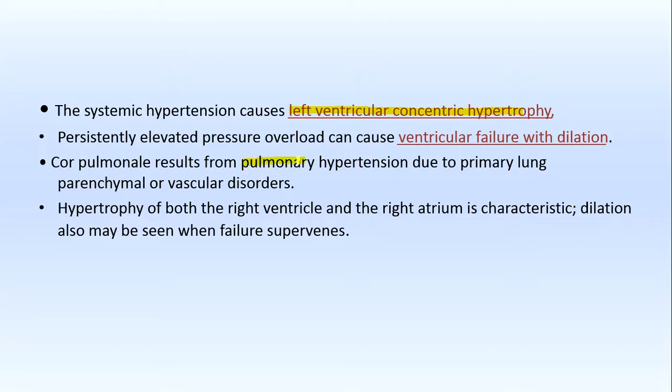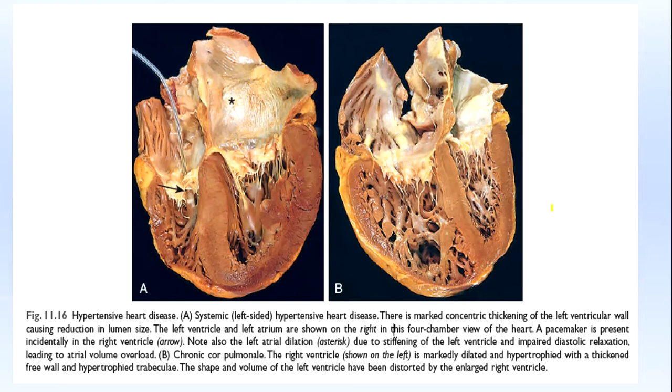When there is pulmonary hypertension, it leads to cor pulmonale, and the main cause is primary lung parenchymal or vascular disease. In this case, hypertrophy of right side of the heart is characteristic, but dilation can also be seen when the failure supervenes.